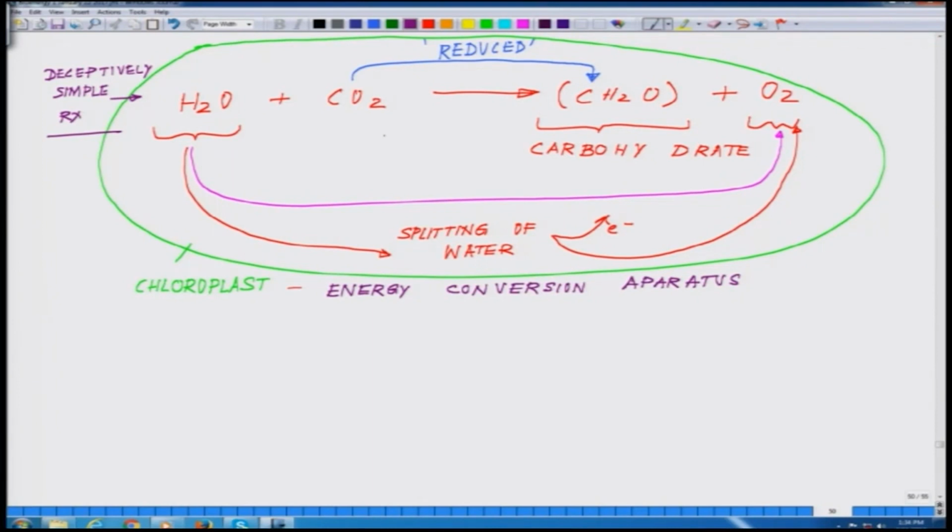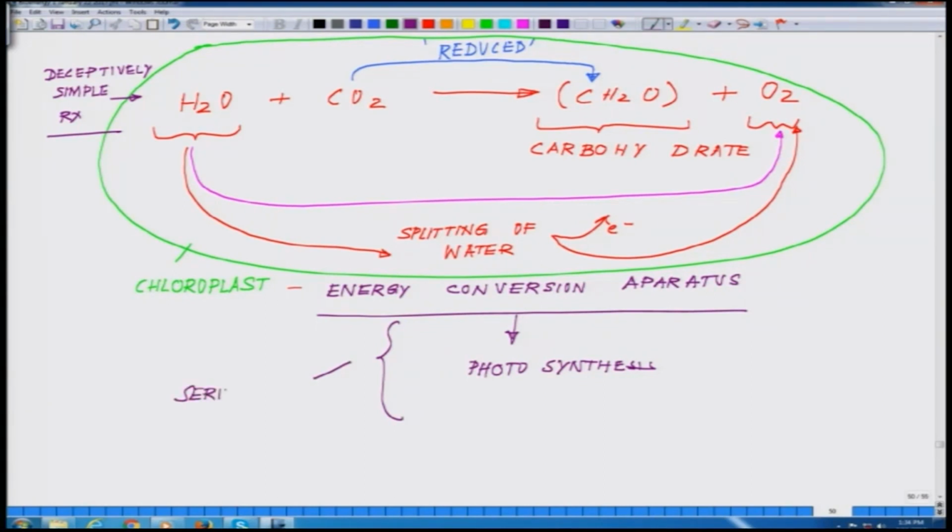This whole process of photosynthesis is carried out by a series of proteins and small molecules.